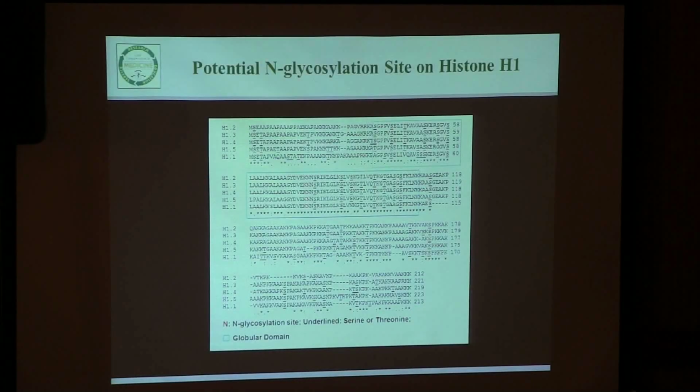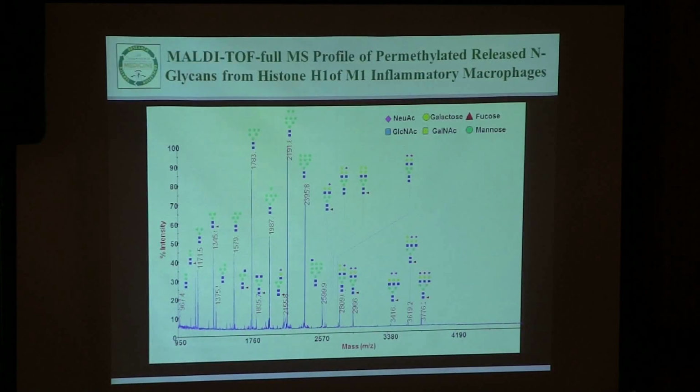We then looked at the amino acid sequence of H1 to figure out whether it can be fucosylated, and we did find a potential N-glycosylation site in the globular domain of H1. We then purified H1 from M1 macrophages, cleaved the glycans, and looked at the glycan structure using MALDI-TOF mass spec.